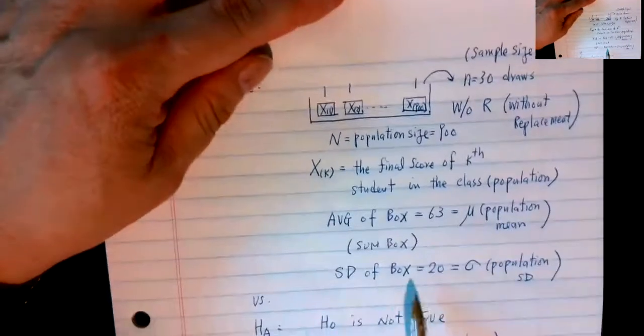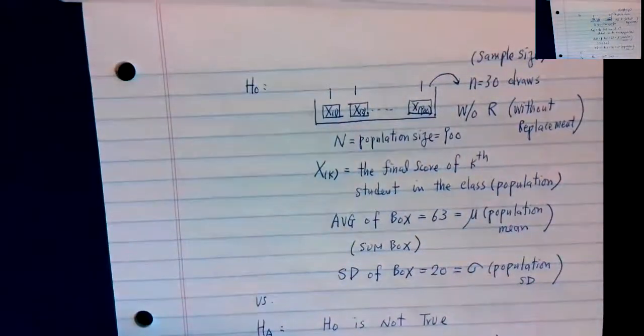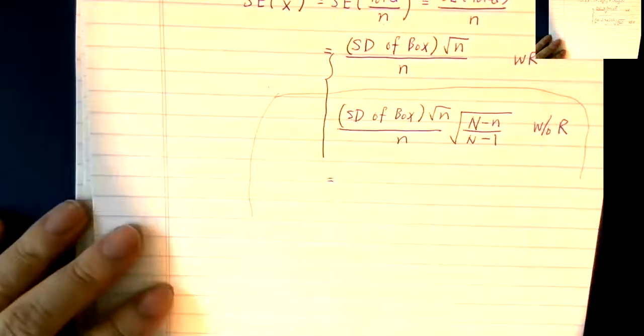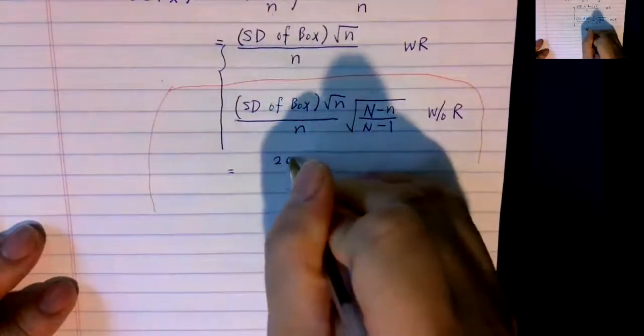It's 20. Am I correct? That's the population standard deviation. So this one becomes 20.